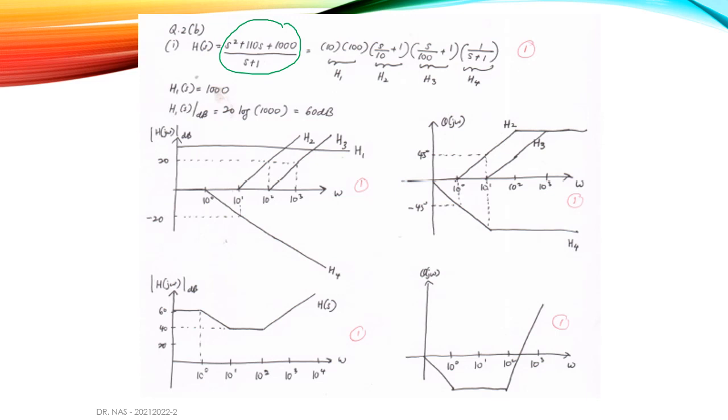This is the sketching of all the components, and this is the summation of the magnitude plot, and this is the sketching of the phase of the individual components. You can see that H2, H3 and so on represent the individual phases, and this is the summation of the phase of the given transfer function.